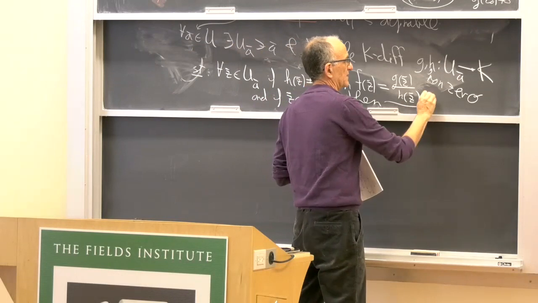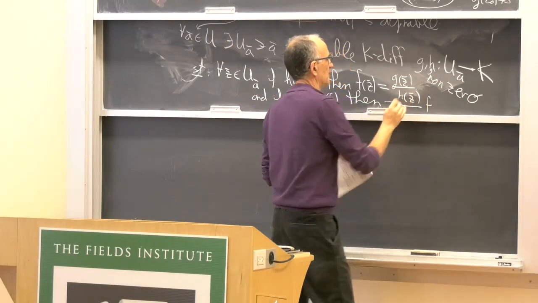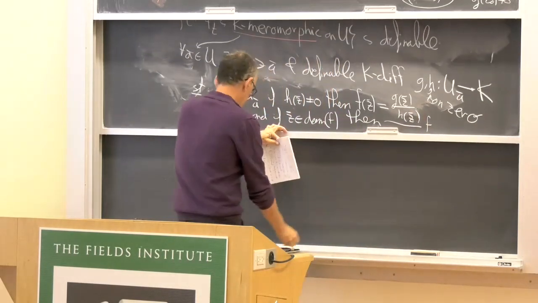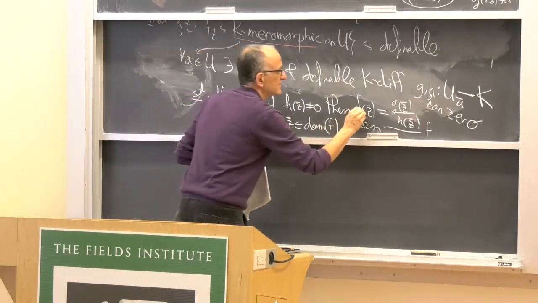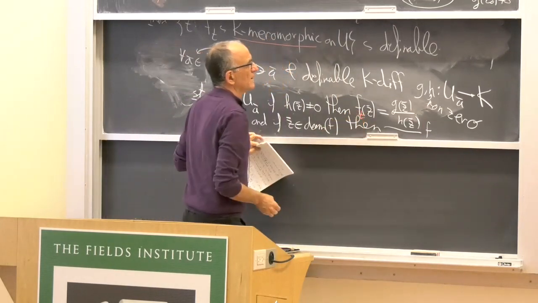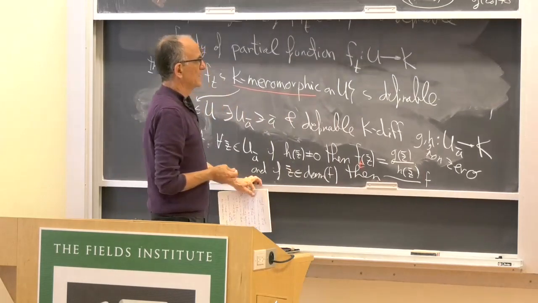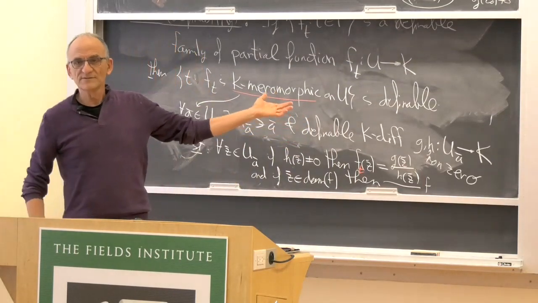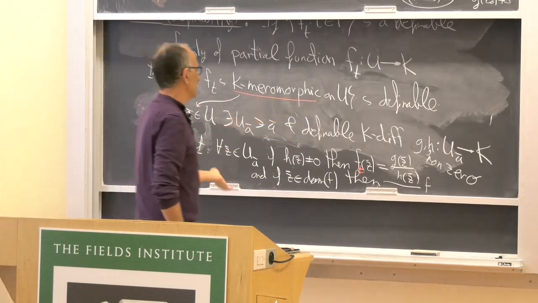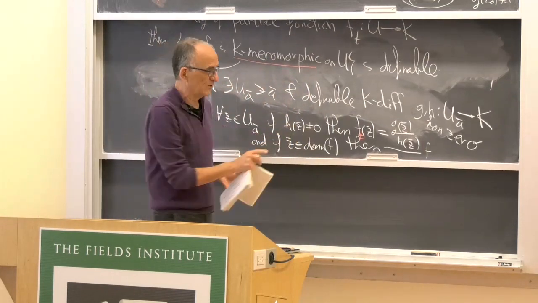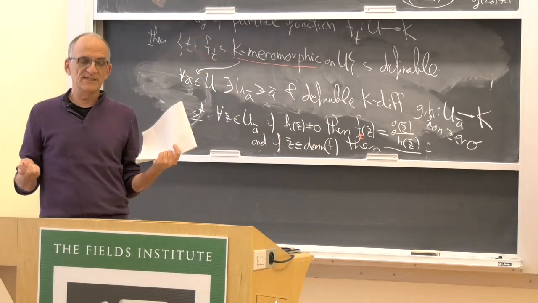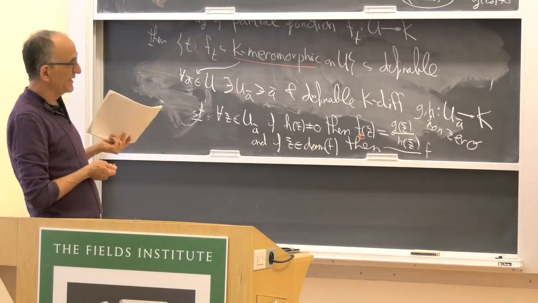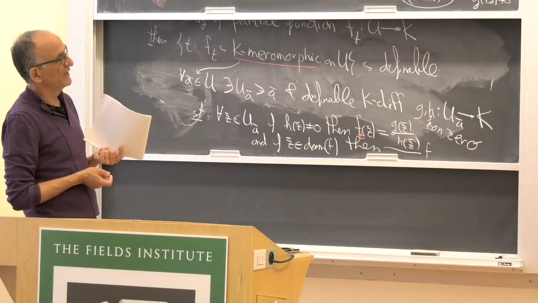Then when you write f, you mean f_t or something? f_t, yes. And the domain of f_t, is that U minus some lower dimensional set? I didn't say that, but it will come out of that, because it's definable outside the zero set of h, and the zero set of h, we know how to show that it has dimension at most 2n minus 2.